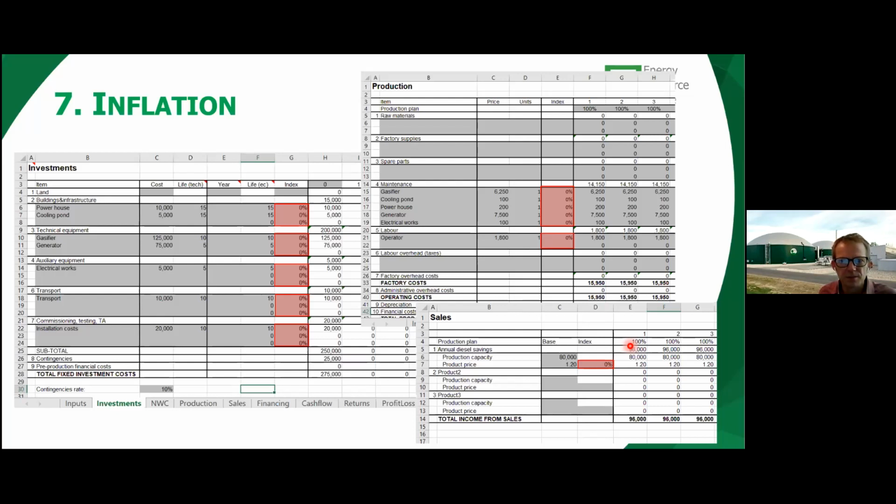Yes, because we also have the situation where our sales price should be kept stable, because sometimes the government stipulates this price.